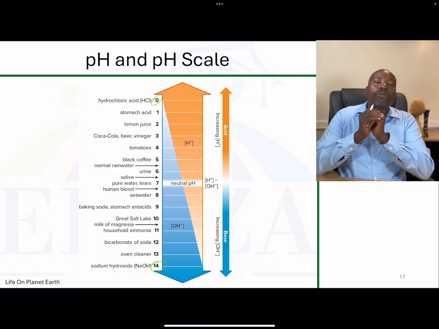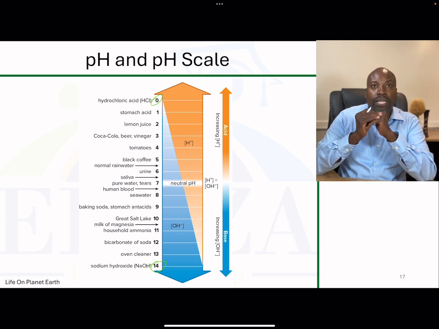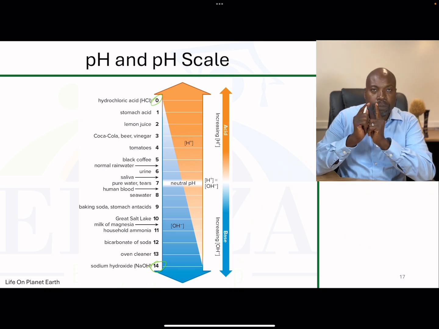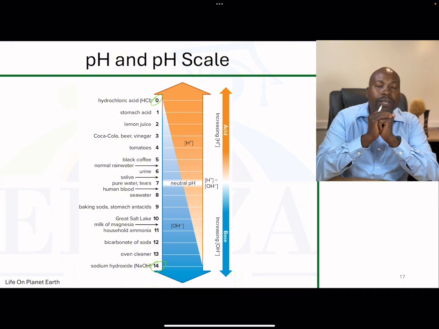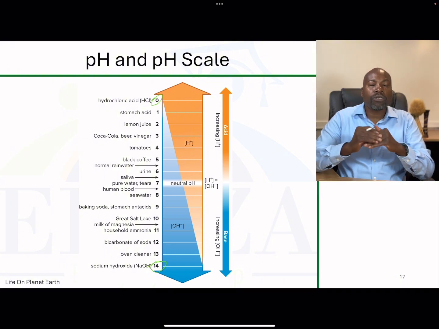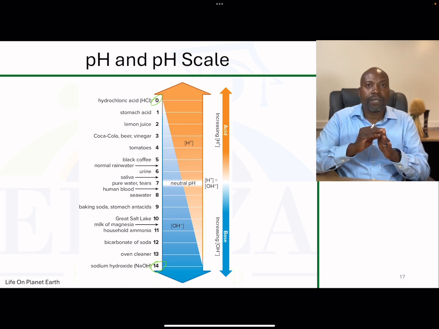So anytime you have a high concentration of hydroxide ions, you're going to have a low concentration of hydrogen ions. By the same token, whenever you have a high concentration of hydrogen ions, you're going to have a very low concentration of hydroxide ions. They are complementary, okay?